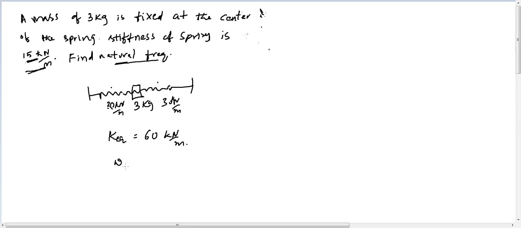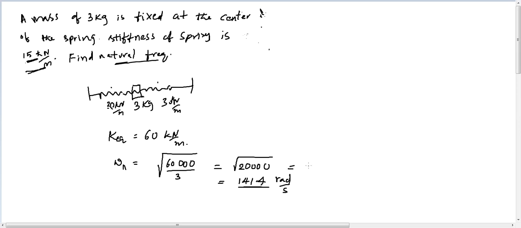So the omega n, or natural frequency, is nothing but square root of 60,000 by 3 kg, which is square root of 20,000, which is 141.4 radians per second.